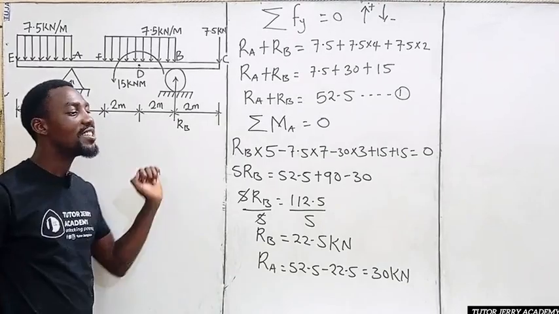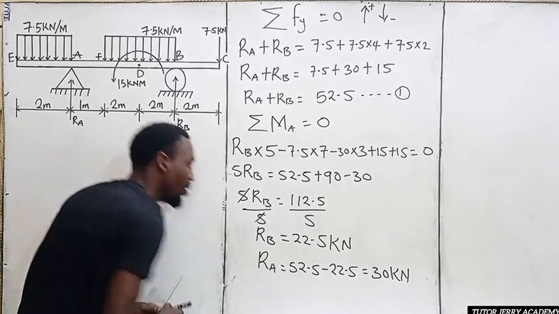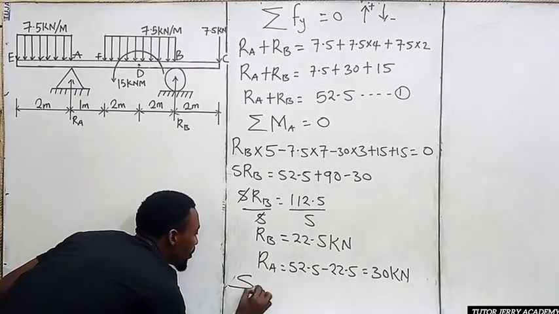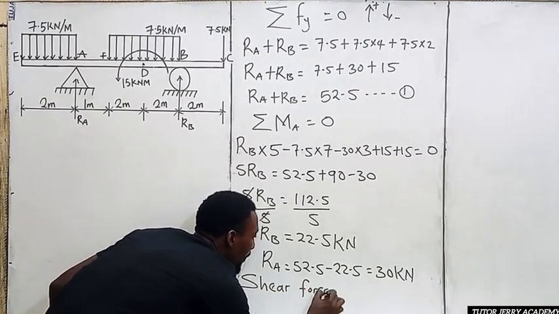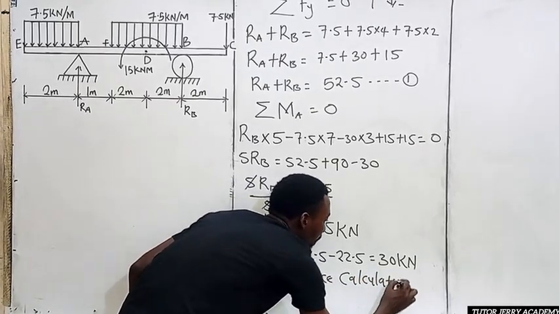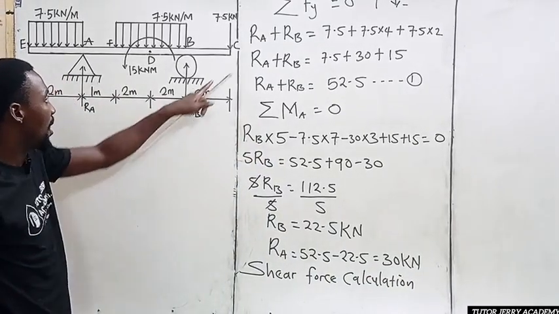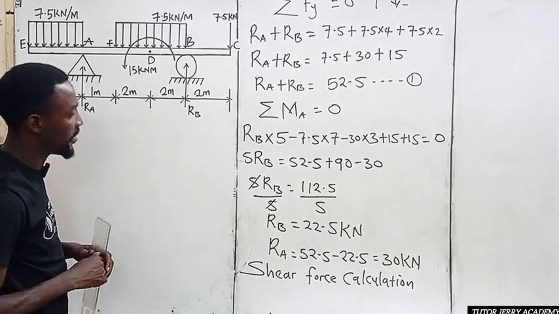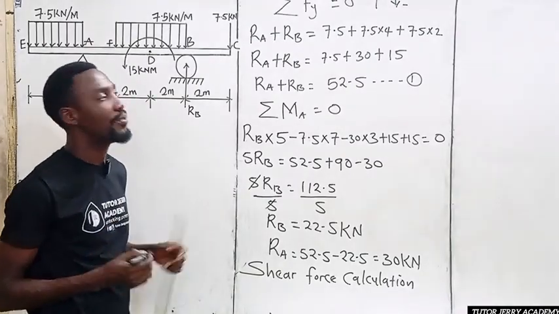analysis of what? Shear force. That is the shear force calculation. So let's start with the shear force. All right. So we are going to be starting with the shear force calculation at point C. Again, we are still using our upward force positive and our downward force negative.